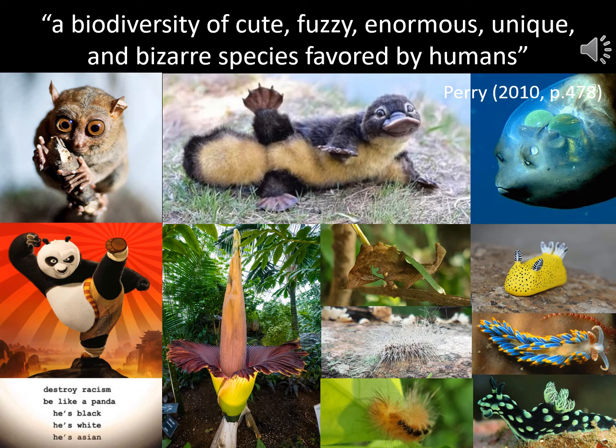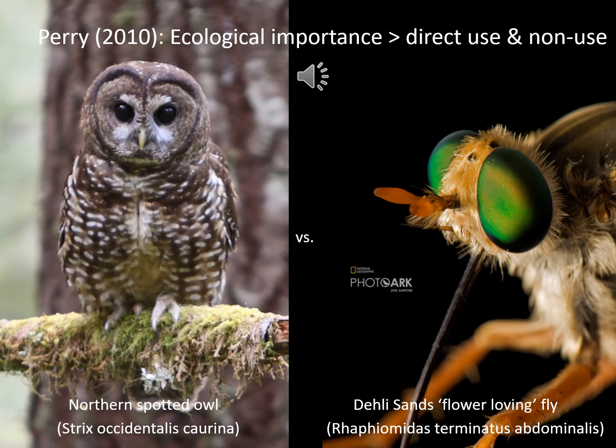Perry presents an excellent critique that Weitzman's ark would give a biodiversity of cute, fuzzy, enormous, unique, and bizarre species favored by humans. Weitzman's ranking ignores ecological importance of species and interdependencies such as pollinators or predator-prey relationships. Perry suggests to replace utility and phylogenetic tree distinctiveness by contribution to ecosystem functioning.